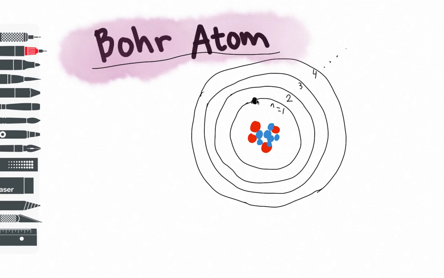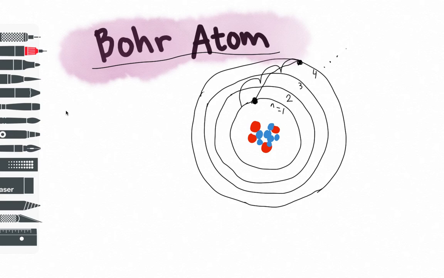So let's say the electron is here at the first energy level, and then it goes all the way to the fourth energy level. It absorbed a specific amount of energy. And then once it falls back down, it doesn't matter to which energy level it falls back down to, but as long as it's falling back down, it emits energy in the form of light.